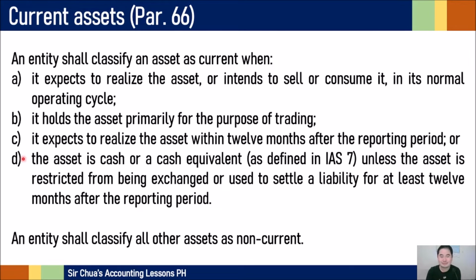Alam nyo na yan, di ba? Yung ganyang classification natin sa cash and cash equivalents in your intermediate accounting. So, i-apply nyo rin dito. At ang sabi ng standard, the entity shall classify all other assets as non-current kung hindi siya current asset. Okay?